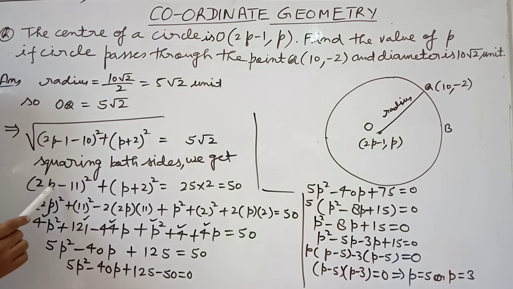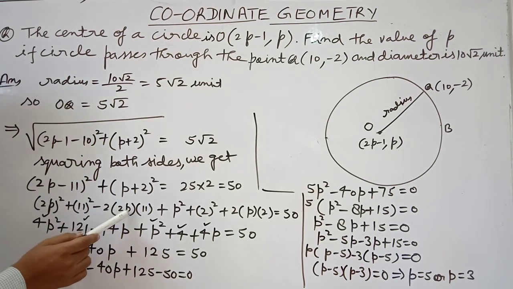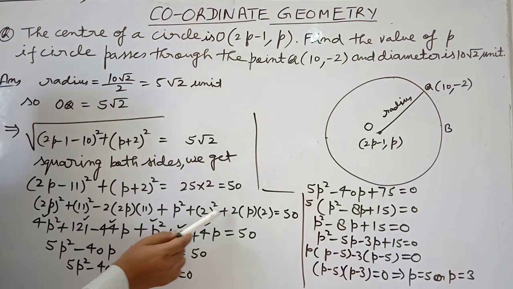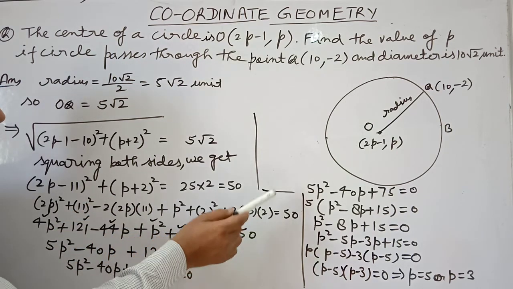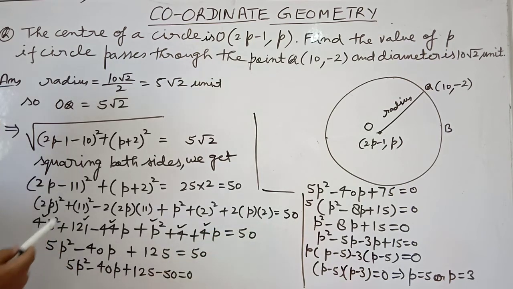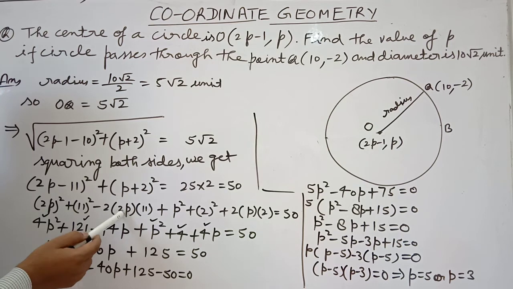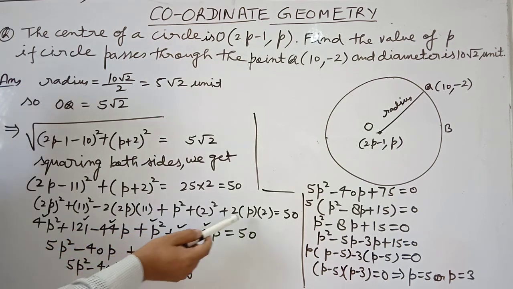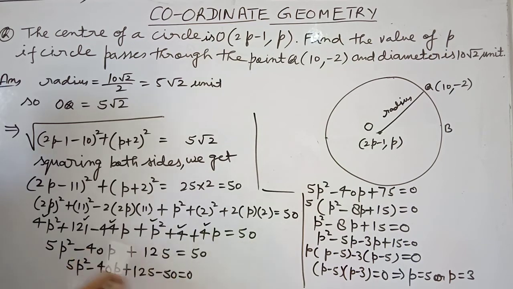Expand this. (a minus b) whole square, a square plus b square minus 2ab. (a plus b) whole square, a square plus b square plus 2ab, equal to 50. 2p square is 4p square, 11 square is 121. 2 into 2 into 11, 44p. This is p square, this is 4, 2 into 2 into p, 4p, equal to 50.